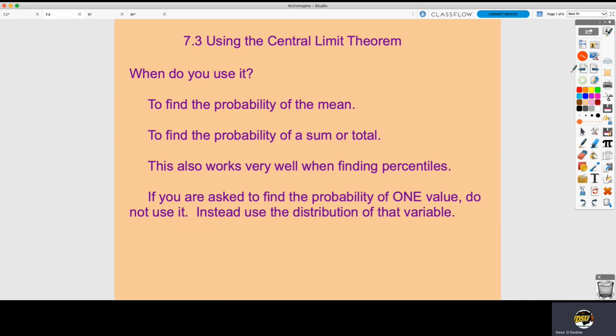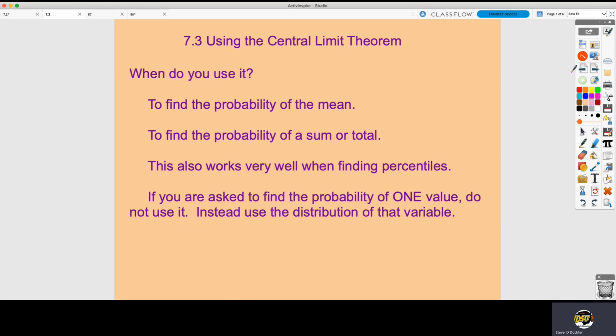All right, 7.3 then. Let's keep rolling here. 7.3 is all about using the central limit theorem, figuring out when to use it. As I have written up there, there are 3 main times when you use it.